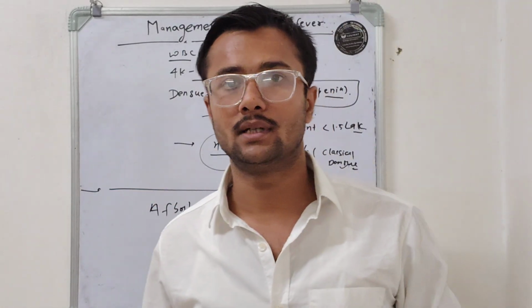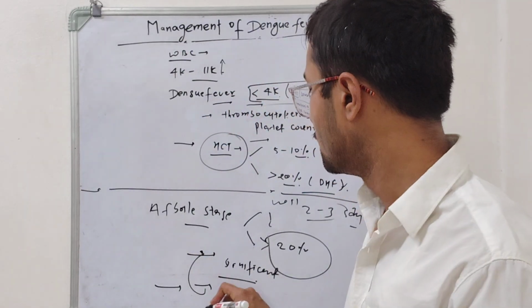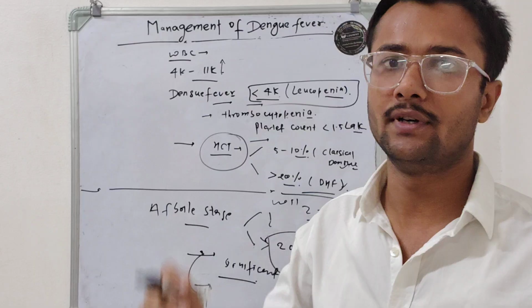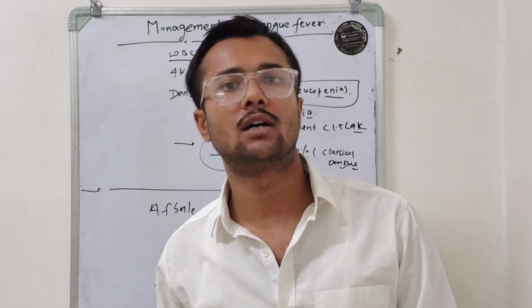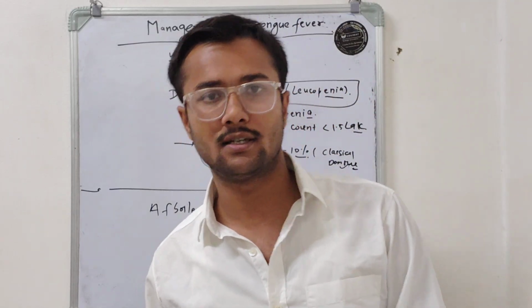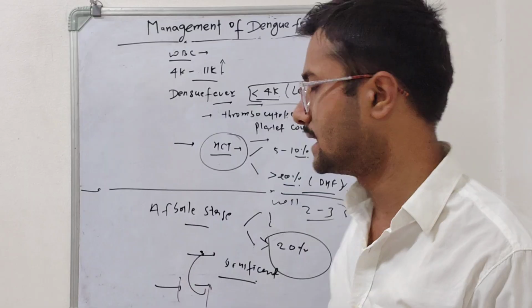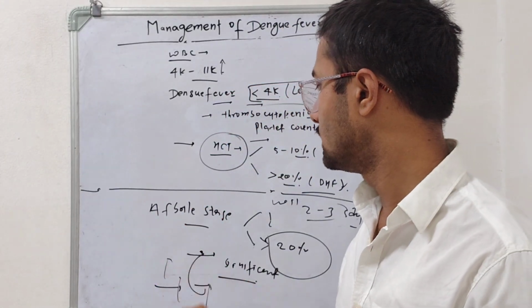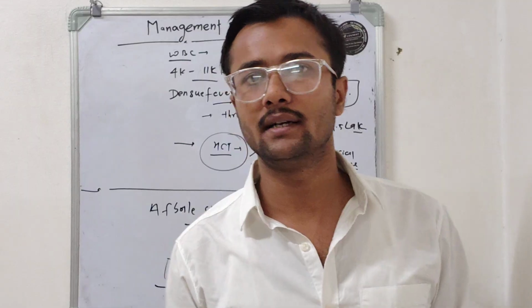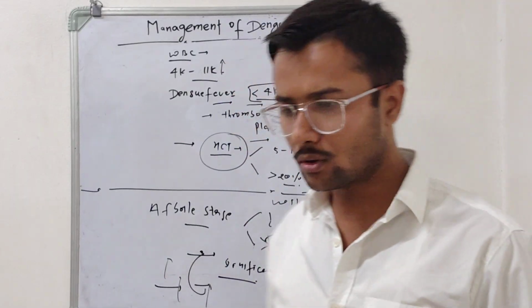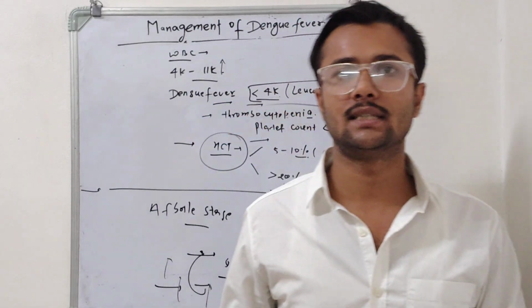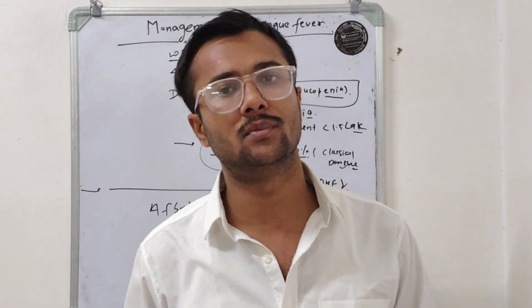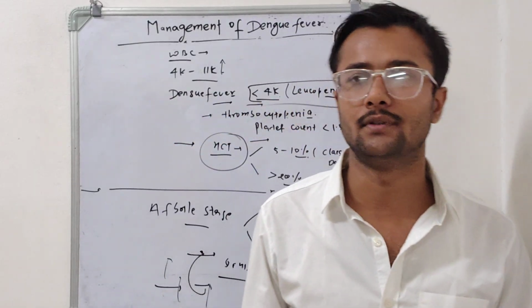If in the afebrile stage the hematocrit level is more than 20%, and the ultrasound and chest X-ray show evidence of pleural effusions and ascites, it tells us the patient has dengue hemorrhagic fever. On the basis of this investigation, we try to find whether a patient has dengue hemorrhagic fever or classical dengue fever.